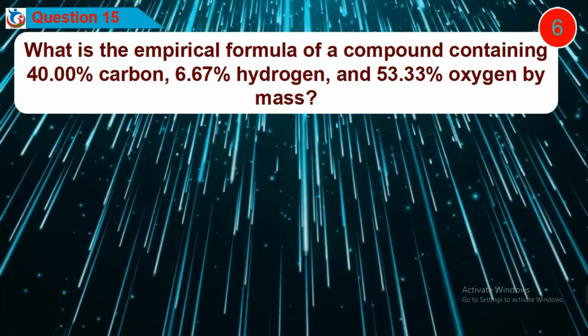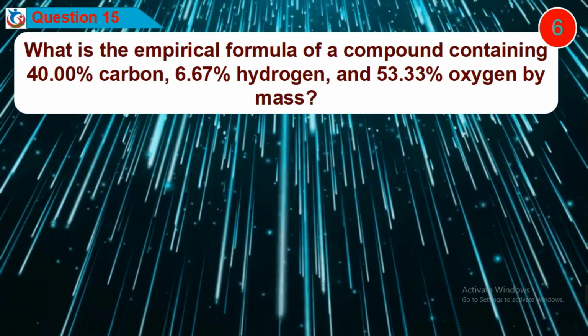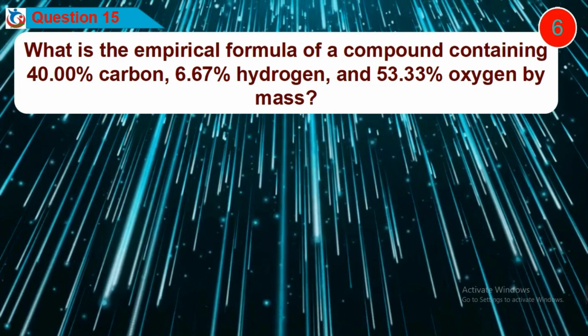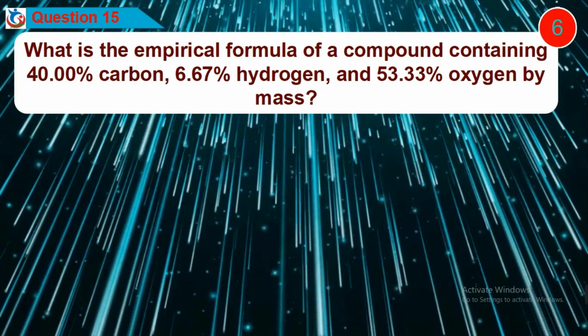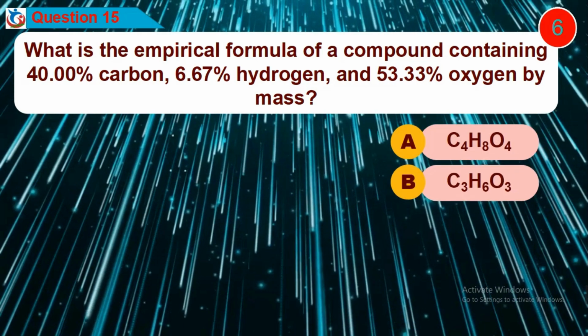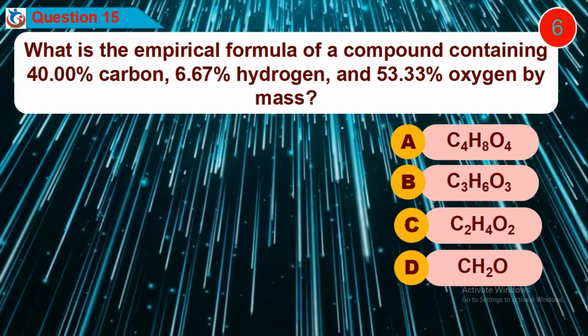Question 15. What is the empirical formula of a compound containing 40% carbon, 6.6% hydrogen, and 53.33% oxygen by mass? Is it option A, B, C, or D?